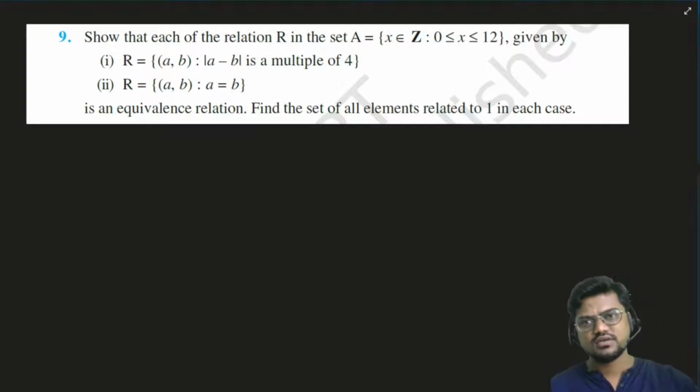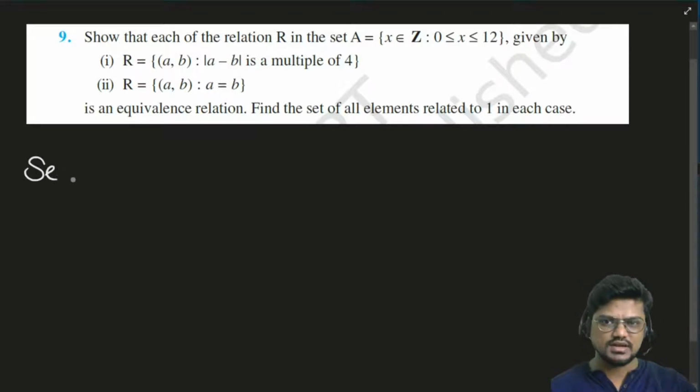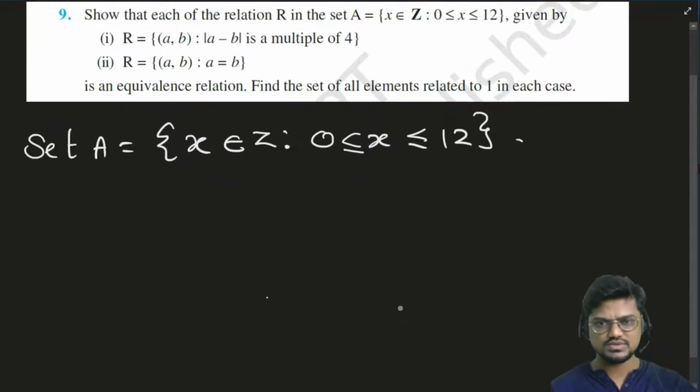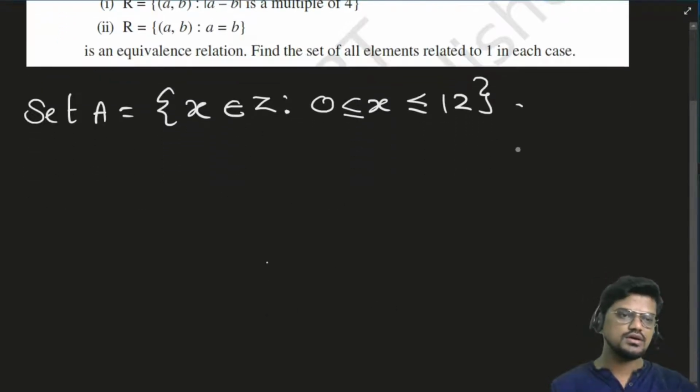Now see what is given. First of all, whatever set A is given, let us write. Set A is the set of all x where x belongs to Z, such that x lies between 0 and 12, where x is equal to 0 and 12 also. This is the set builder format.